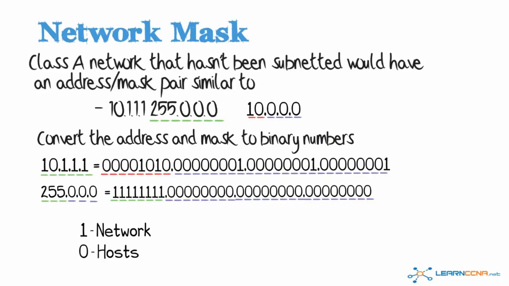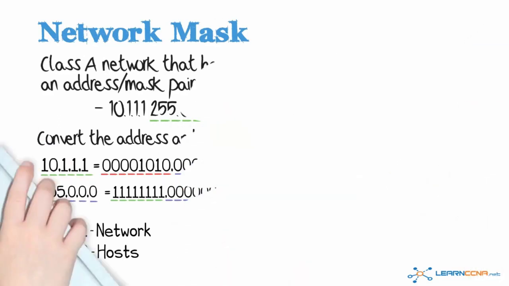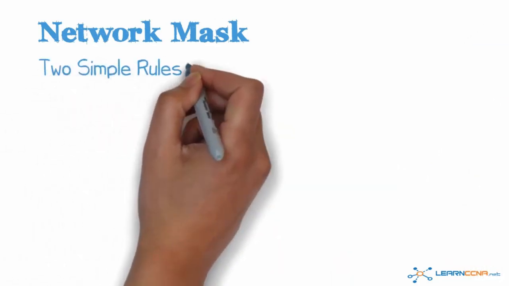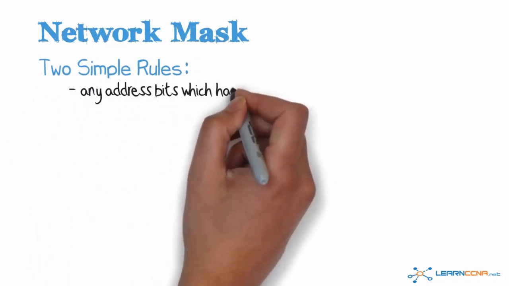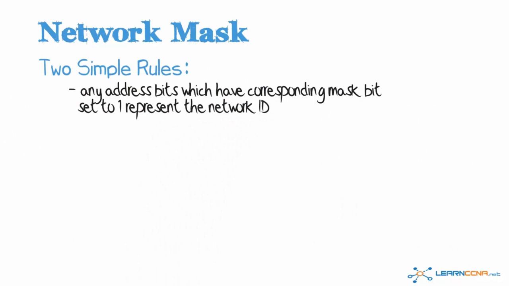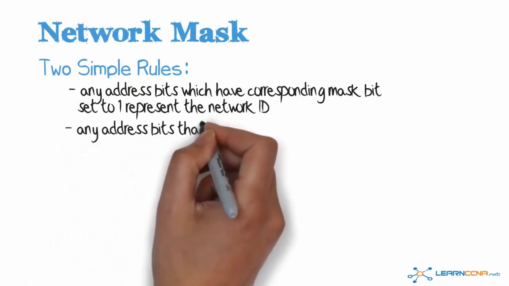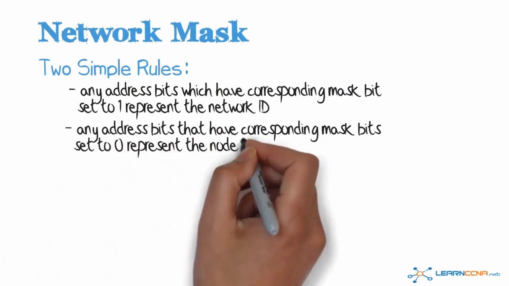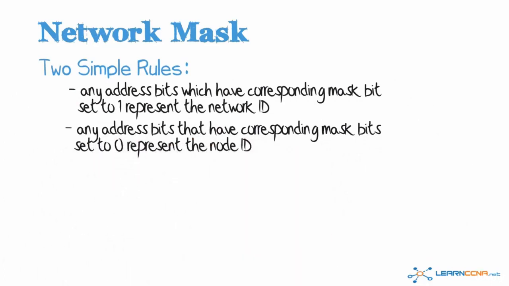So, when working out the network and host portions of an address, follow these two simple rules. Any address bits that have a corresponding mask bit set to 1 in binary represents the network. Any address bits that have a corresponding mask bit set to 0 represents the host. So 1 in binary means network, 0 in binary means host.